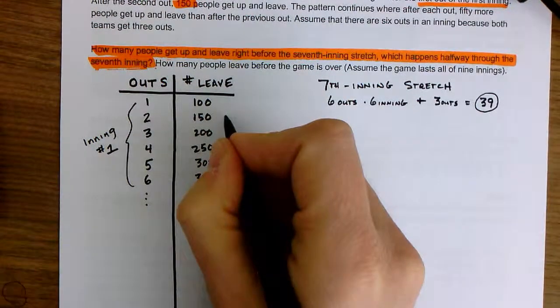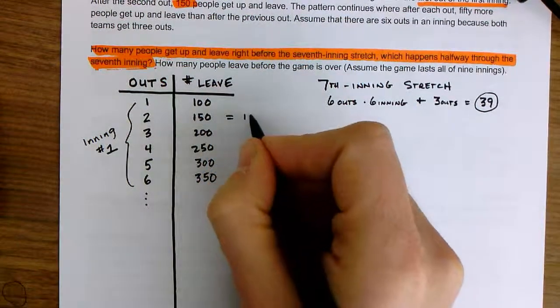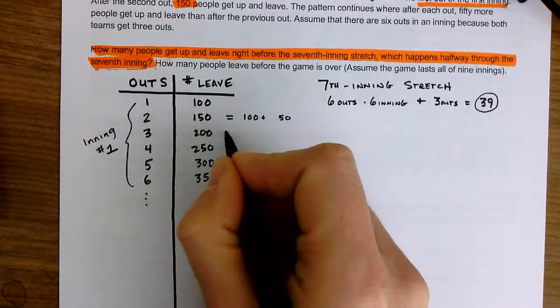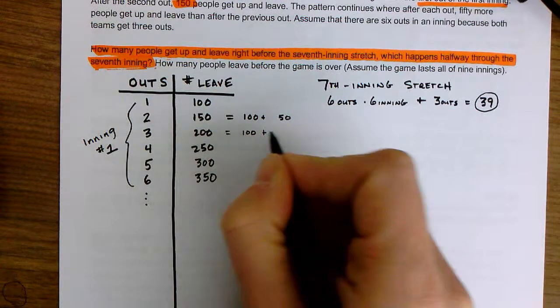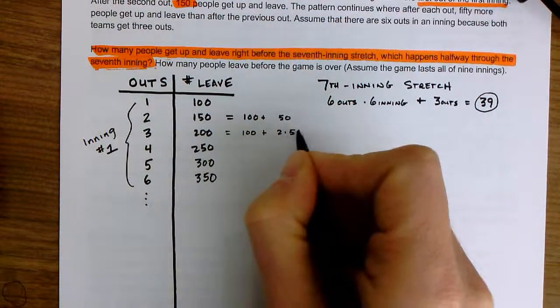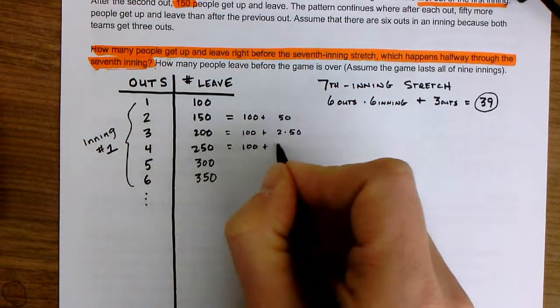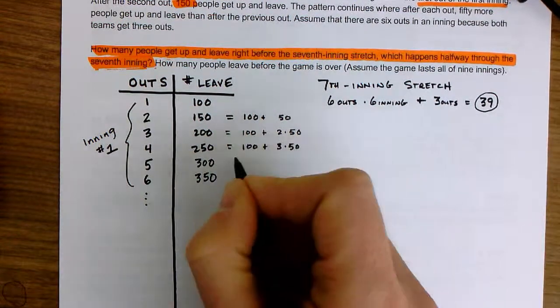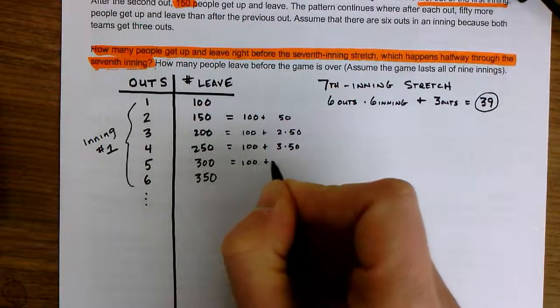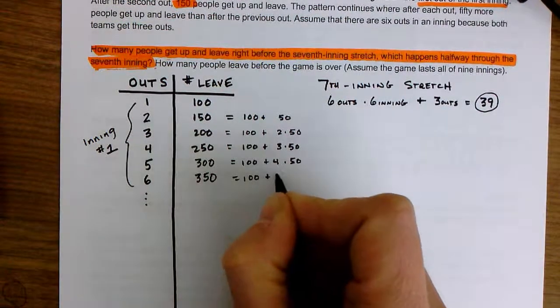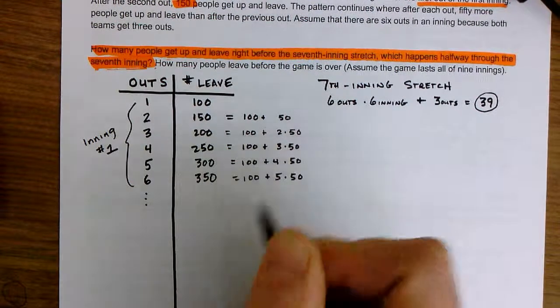So for instance, I want you to notice that this right here is really 100 plus 50. And that this is 100 plus 2 times 50. That 250 is 100 plus 3 times 50. 100 plus 4 times 50. 100 plus 5 times 50.